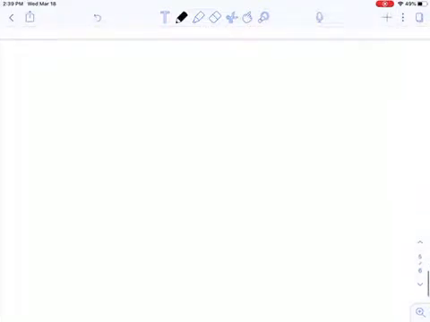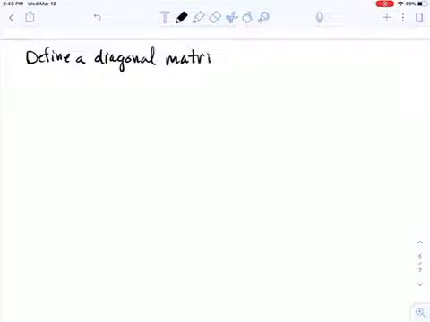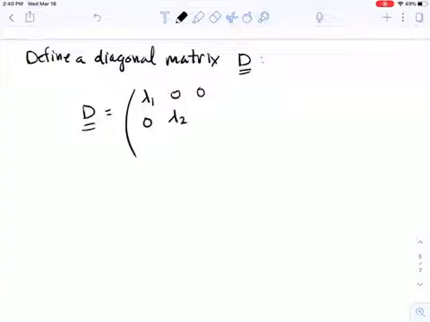Let's define a diagonal matrix D where the diagonal elements are the eigenvalues. So D is going to be equal to lambda 1, 0, 0, 0, lambda 2, 0, 0, 0, lambda 3.